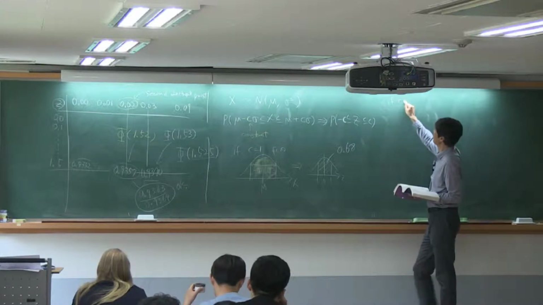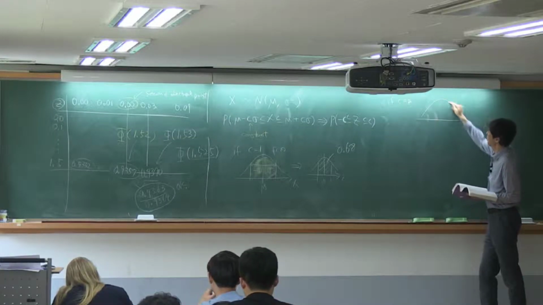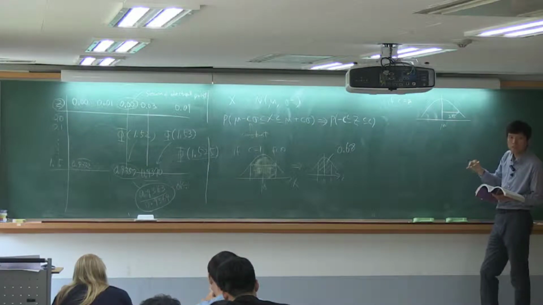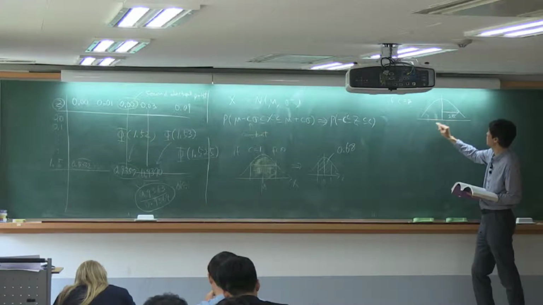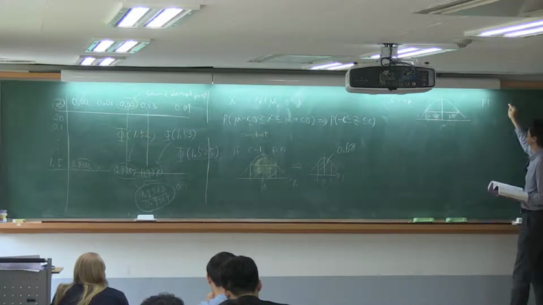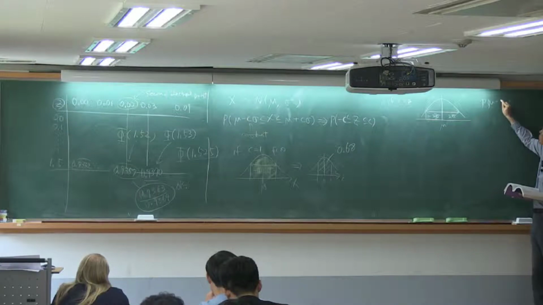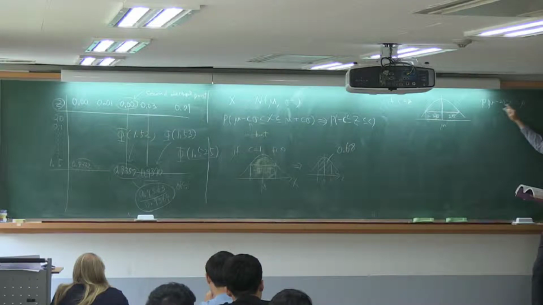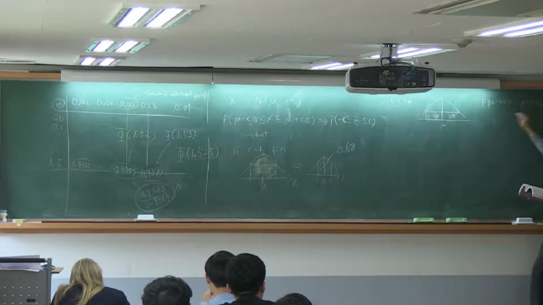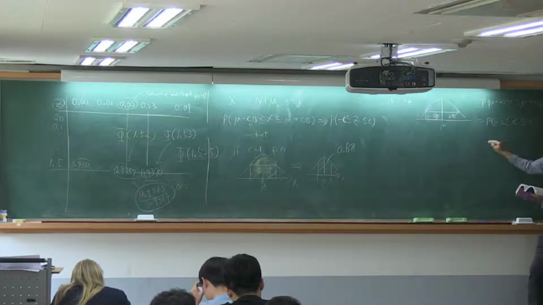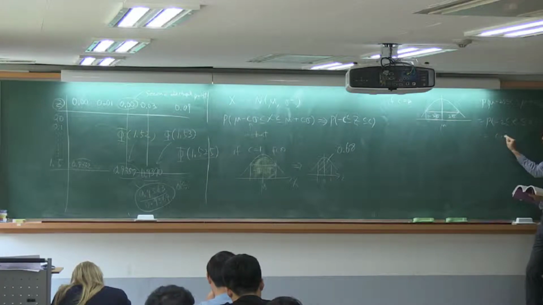If C is 2, the probability X is from mu minus 2 sigma to mu plus 2 sigma is the probability that G is between minus 2 and 2. This is 0.95.